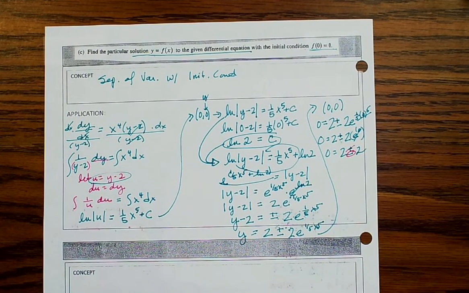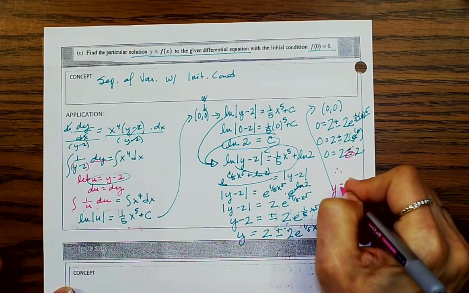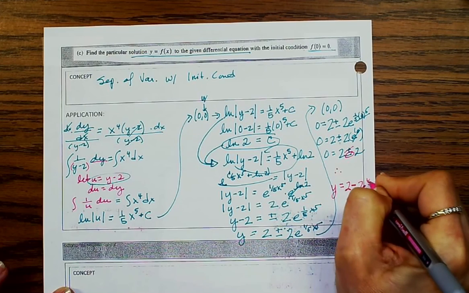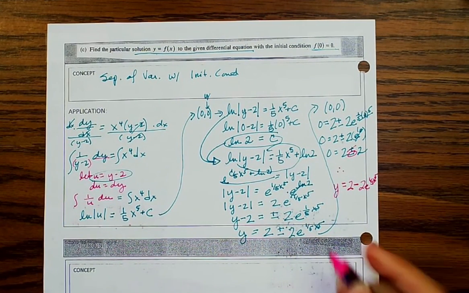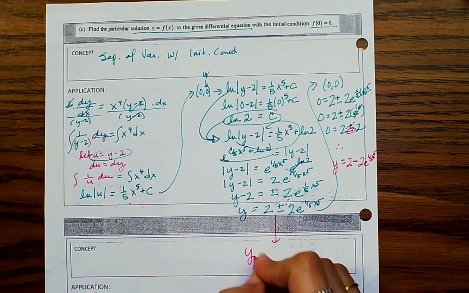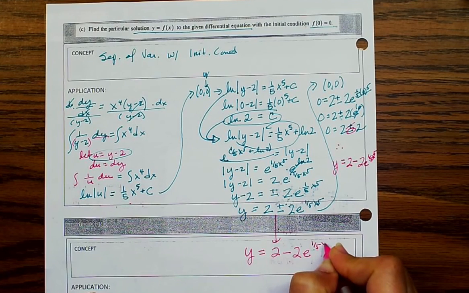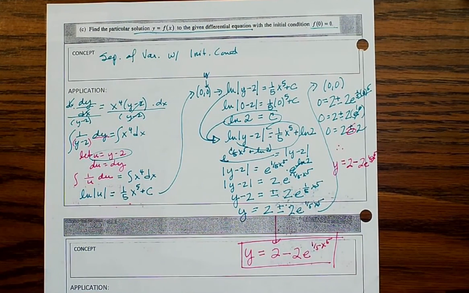So what that tells us is that our equation is y equals 2 minus 2e to the 1/5 x to the 5th. Rewriting that where we can read it a little better, our equation becomes y equals 2 minus 2 times e to the 1/5 x to the 5th. And we've solved our differential equation.